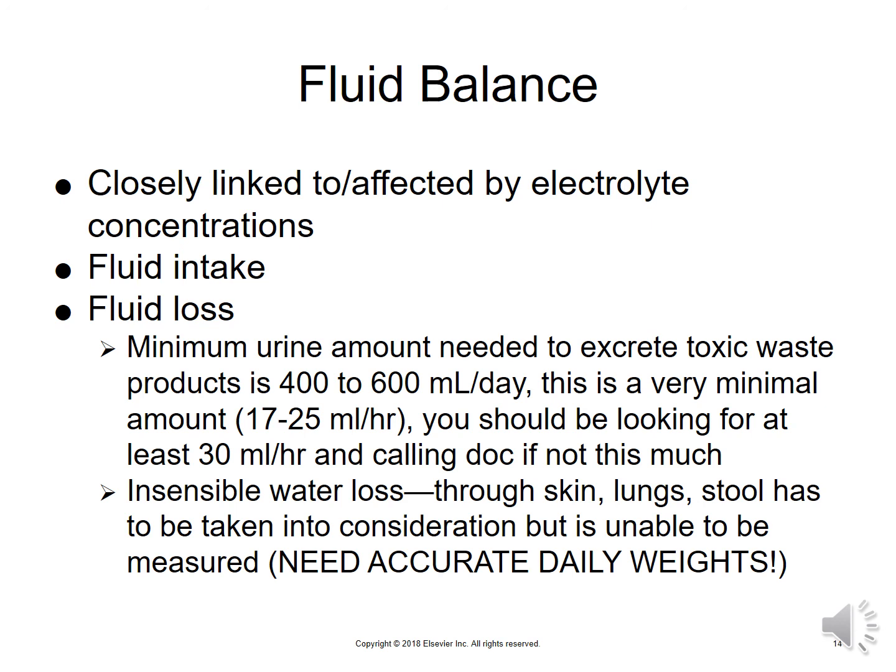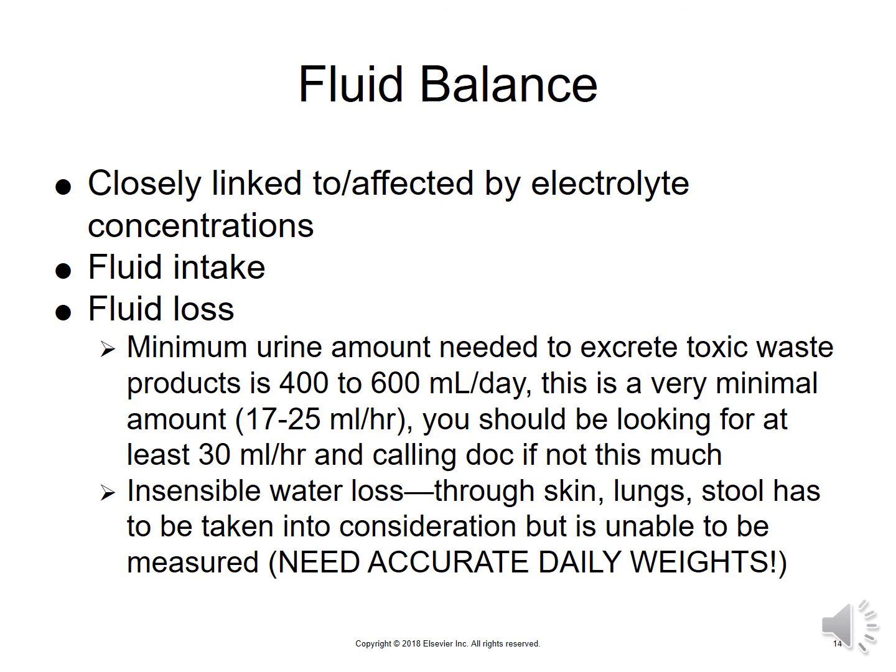So this is very, very minimum amount, 17 to 25 milliliters an hour. So we should be looking for at least 30 milliliters an hour and calling our doc if it's not this much, right? Well, why is that? Because it takes that much to clear those toxins from the body, and the patient will become deathly ill pretty quickly if we don't have that.